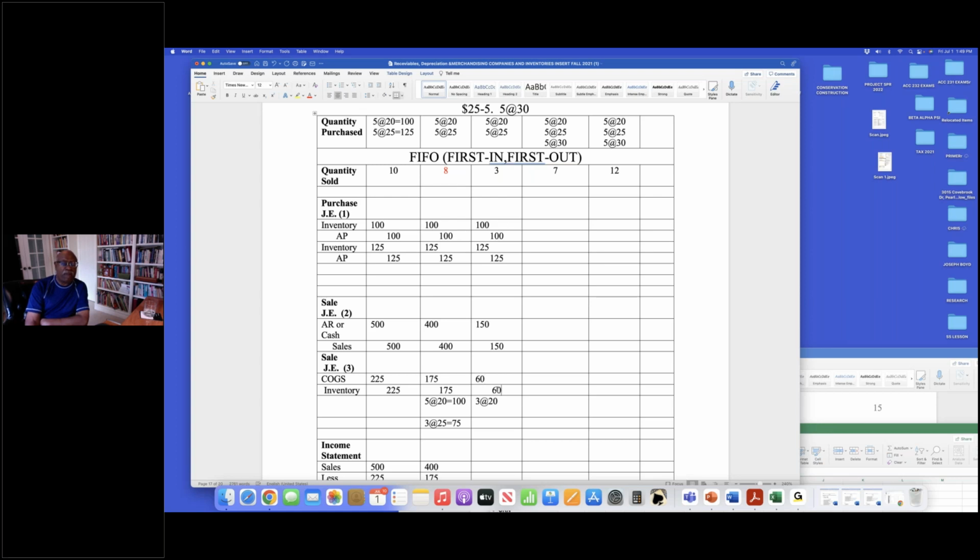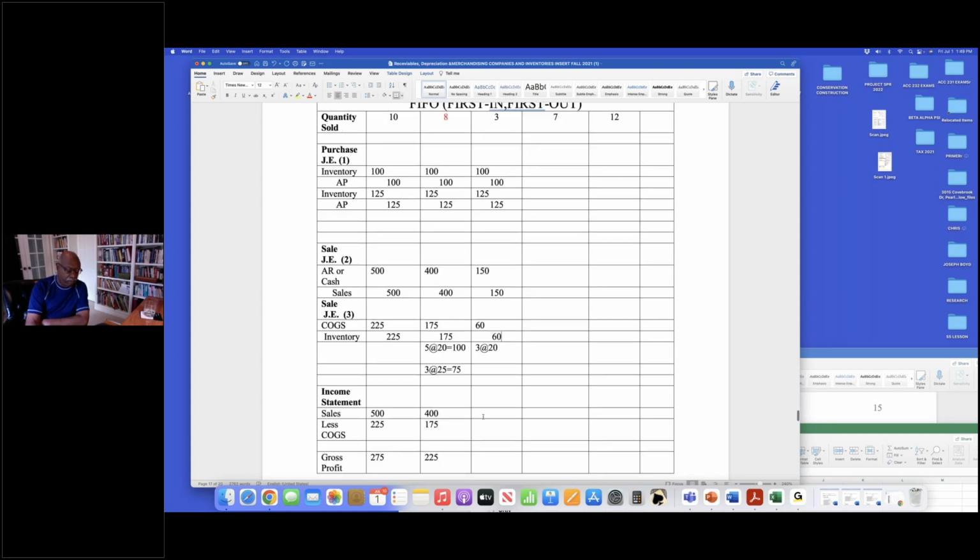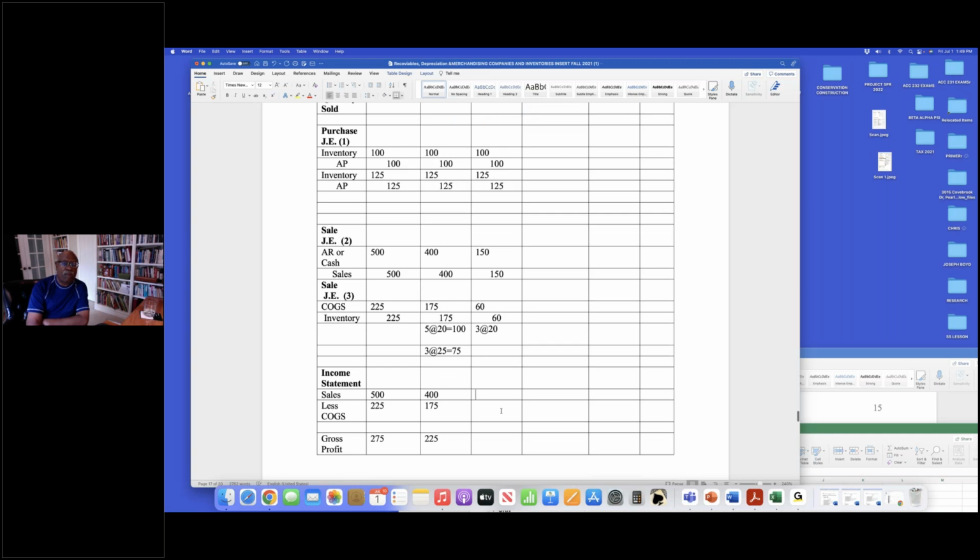How much money did we make? 150 minus 60. $90.